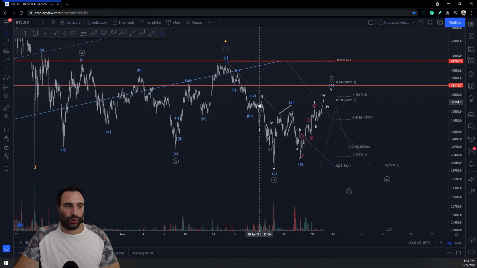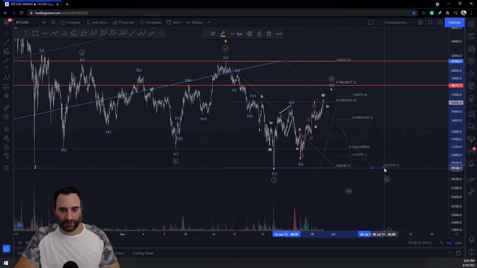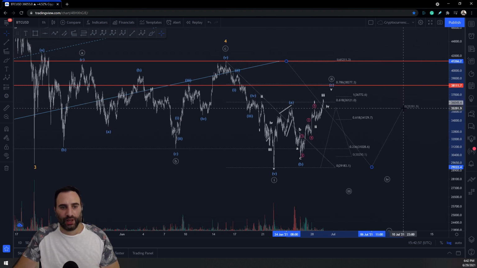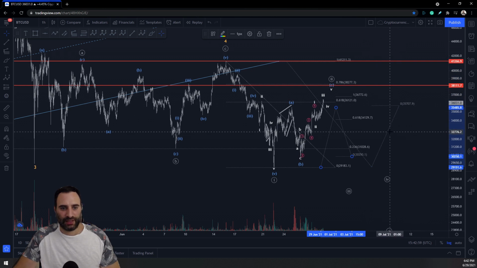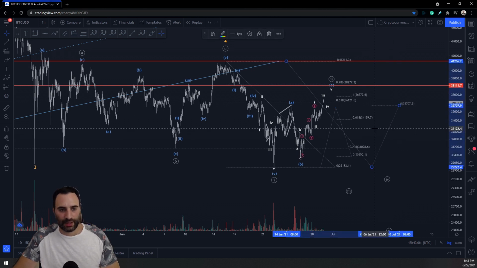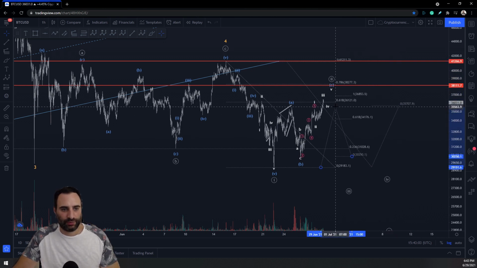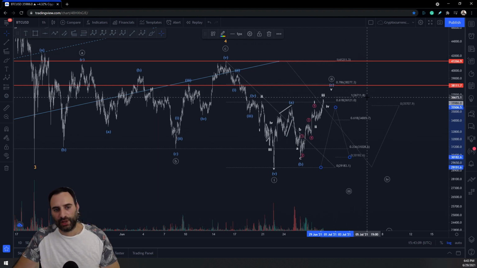Now, the other way to measure something like this is to take into account the retracement, but we do not have the retracement yet. What we can see, and we can make that assumption, is that the Fibonacci from A to B over here brings us to the 36,711. So this is one level to watch. At least I'll be watching that level, because we might miss getting to the previous high over here.